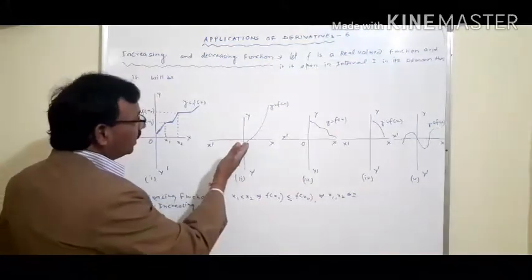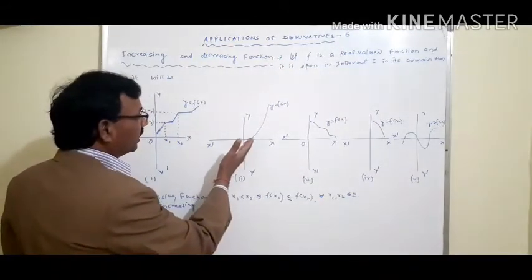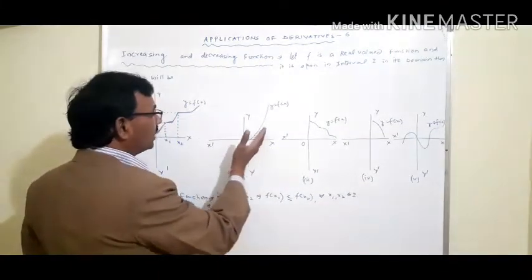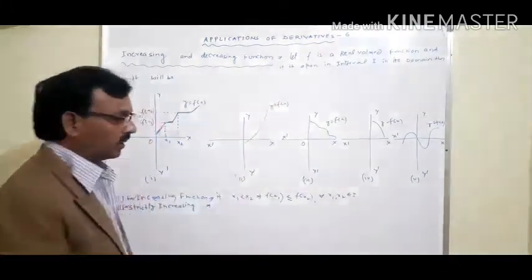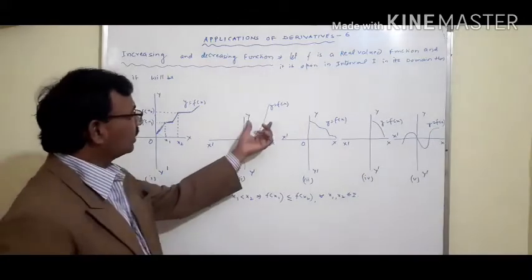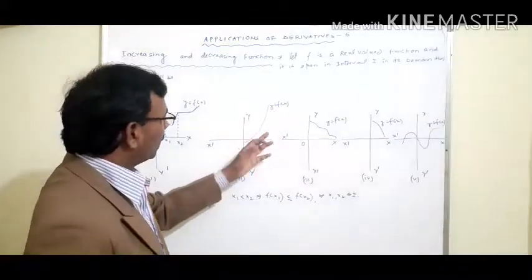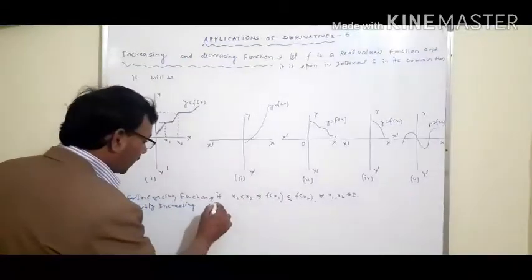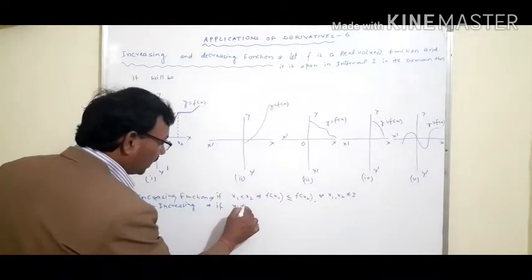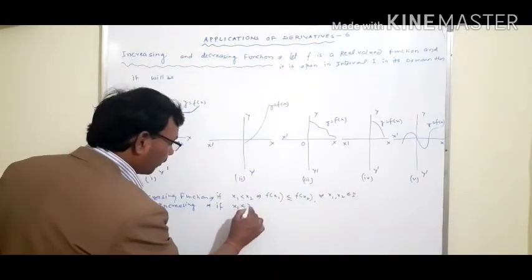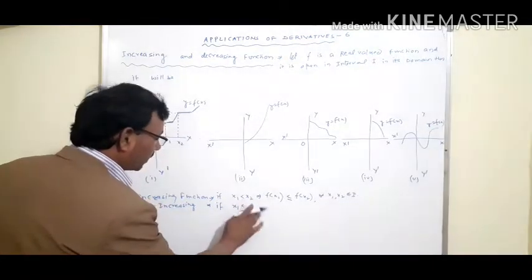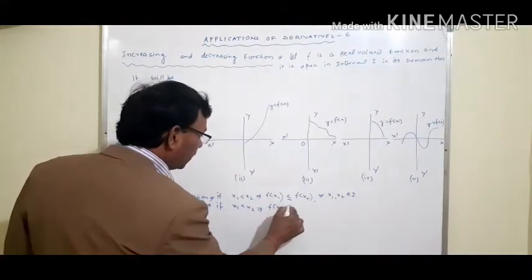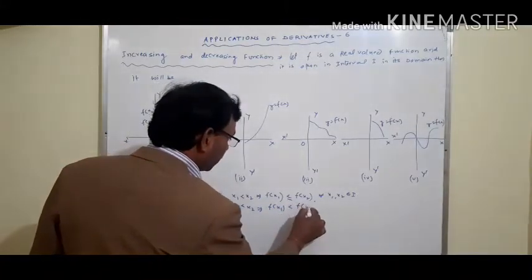As you see here, this is the increasing function. This function always increases without stopping. This type of function is known as a strictly increasing function. And the condition: if x1 is less than x2, implies that f of x1 is less than f of x2.